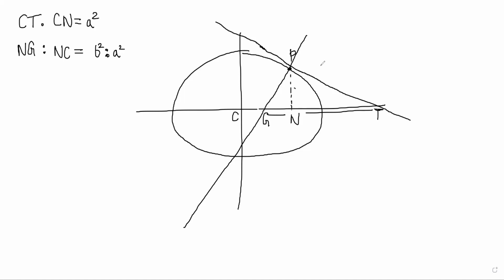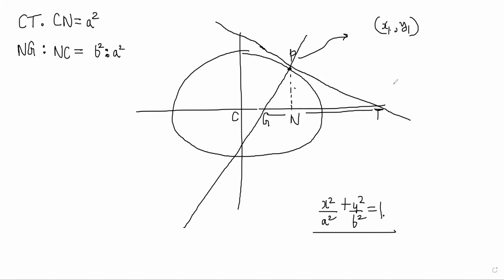How? Let's say our ellipse was the standard ellipse, x square by a square plus y square by b square is equal to 1. Let's say P is a random point x1 comma y1. Then PT is a tangent, so the equation of the tangent is x x1 by a square plus y y1 by b square is equal to 1.